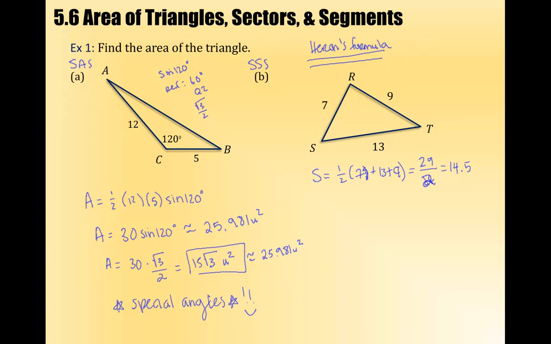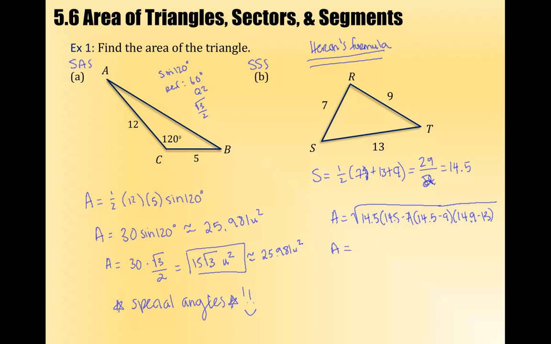So then the area is going to be the square root of the semi-perimeter times the semi-perimeter minus 7 times the semi-perimeter minus 9 times the semi-perimeter minus 13.